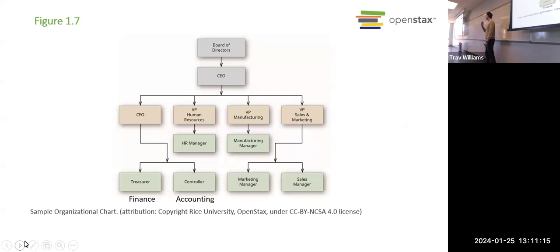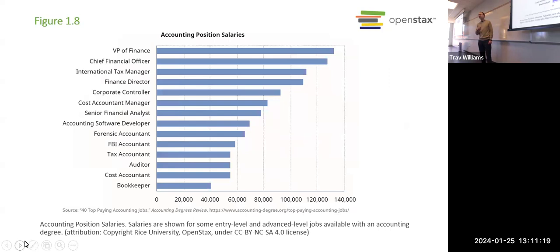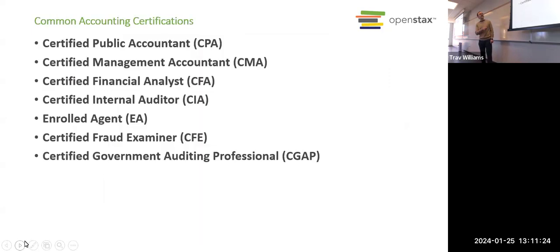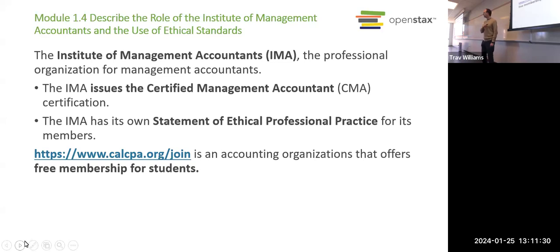When we get to the problem set, we'll see an org chart like that one. Talked about different jobs and what they pay. We talked about certification, different types of certification. I think that was the last slide we had covered. Okay, perfect. All right, so we will pick it up here.